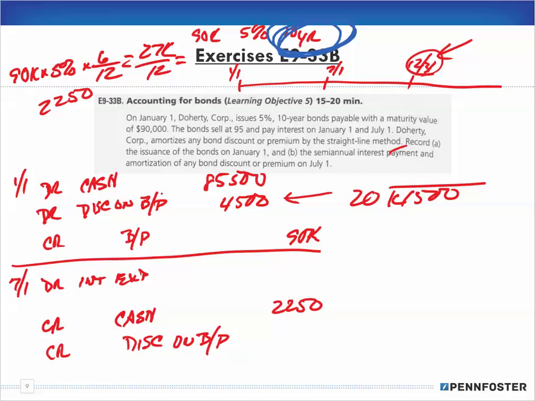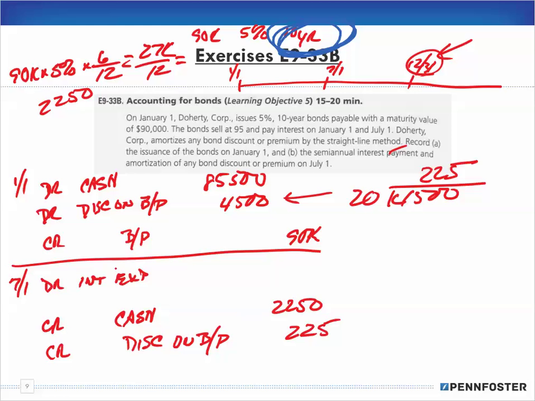So to amortize the 4,500 over that full 10-year period, we divide the 4,500 by 20, and we end up with 225. So each and every period, we're going to book the 225 to offset the discount on the bond payable.